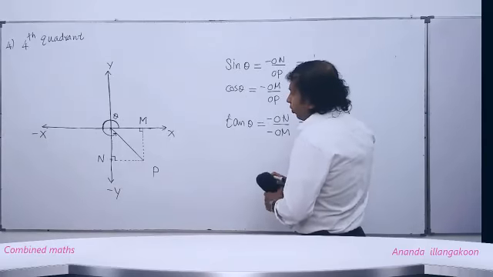Cos is positive. So therefore, we can summarize this situation. The summary is this. This is the first quadrant, second quadrant, third quadrant, fourth quadrant. Positive x-axis, positive y-axis, negative x-axis, negative y-axis. This is O. Then in the first quadrant, people, all positive.